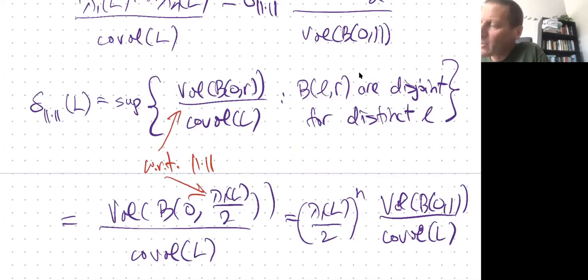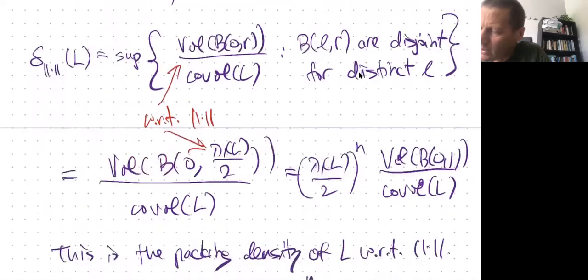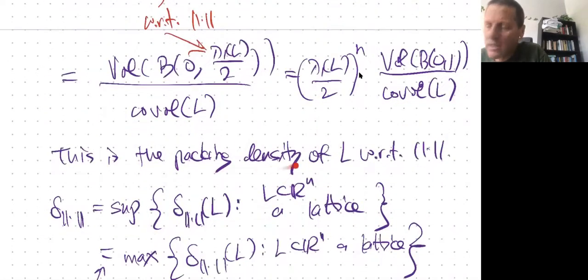When you have a collection of balls centered at lattice points and they're all disjoint, this is called a packing of space. And what are we measuring when we have a packing of space? This is the amount covered by one ball, and this is the volume of the fundamental domain. So this is nothing but the proportion of space that's being covered by these packed balls. We're trying to pack as many disjoint balls as you can and cover as much of the space as you can. That's why it's called the packing density.